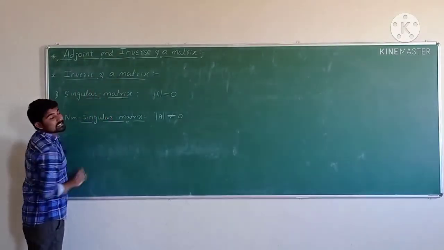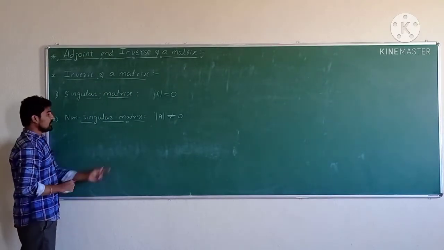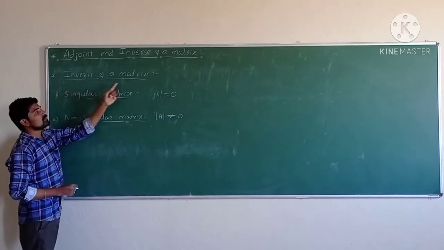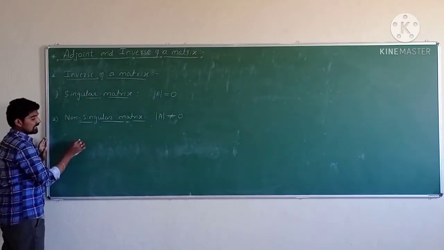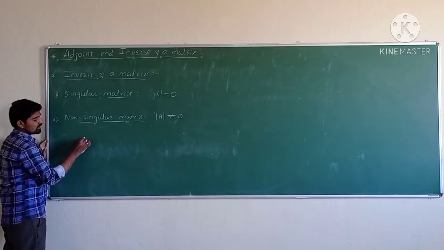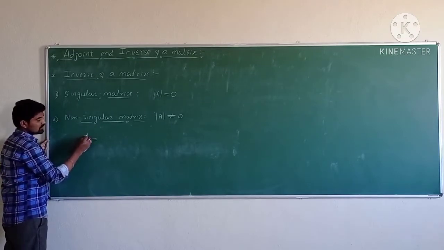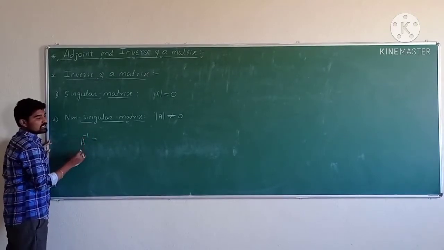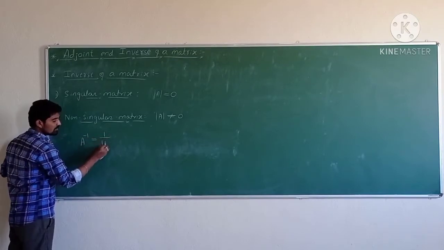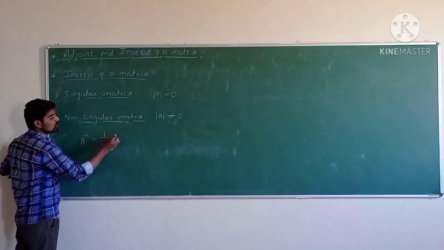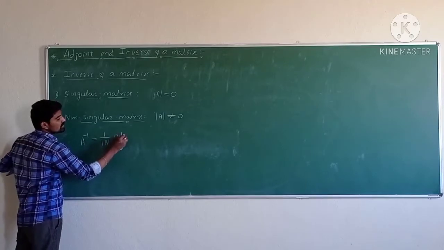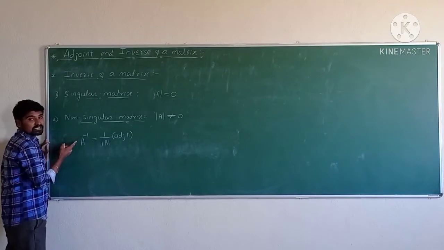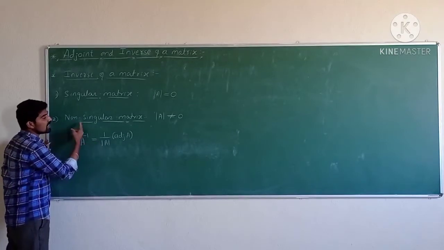Inverse of the matrix A exists if A is a non-singular matrix. And the formula for inverse of the matrix A, A inverse, is equal to 1 by determinant of A into adjoint of the matrix A. So A inverse exists only when A is a non-singular matrix.